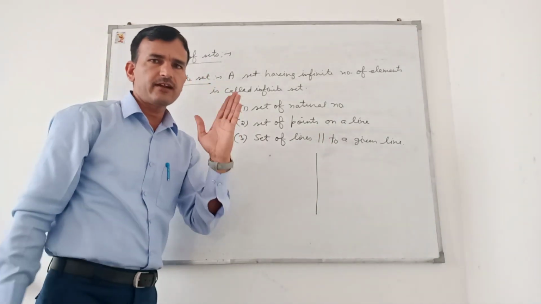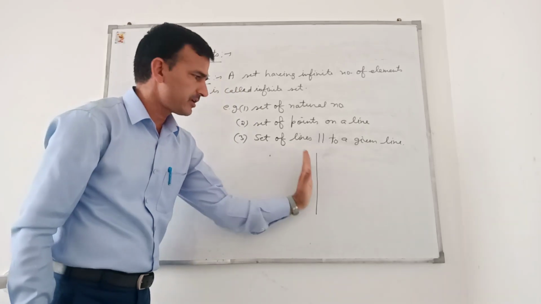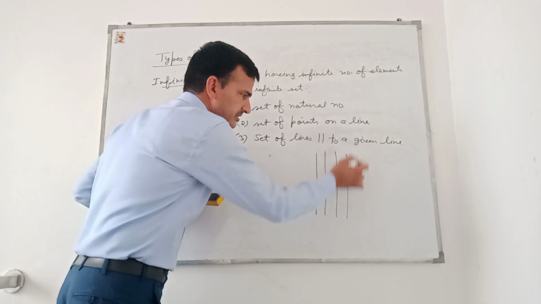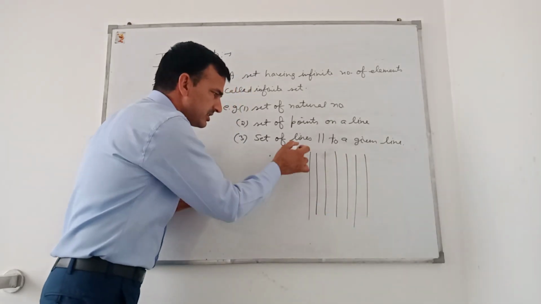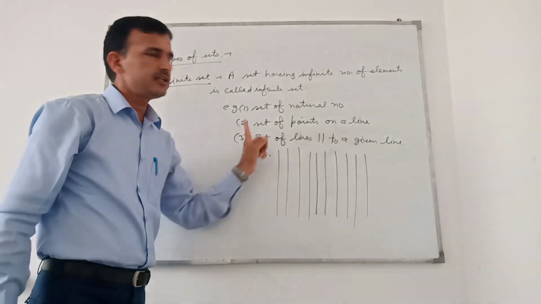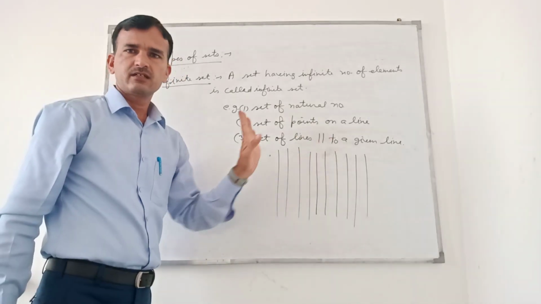There are infinitely many lines which are parallel to this line. These are the lines which are parallel to this line. Then this set is an infinite set. Clear?